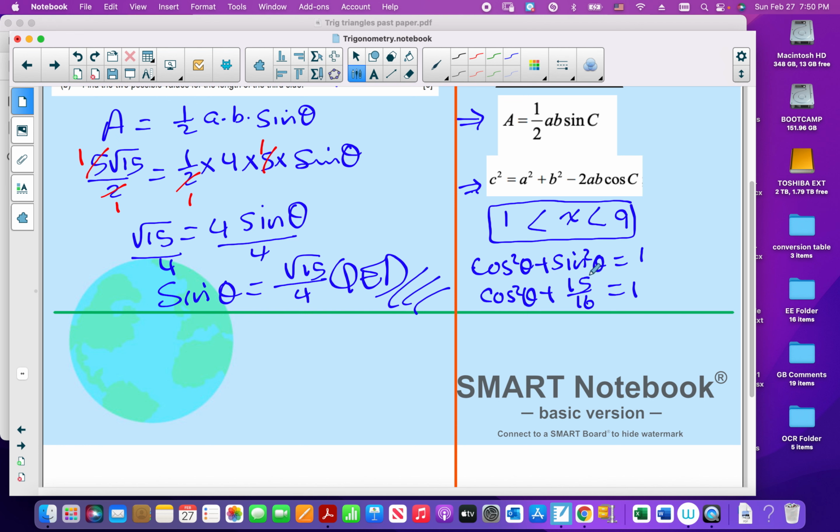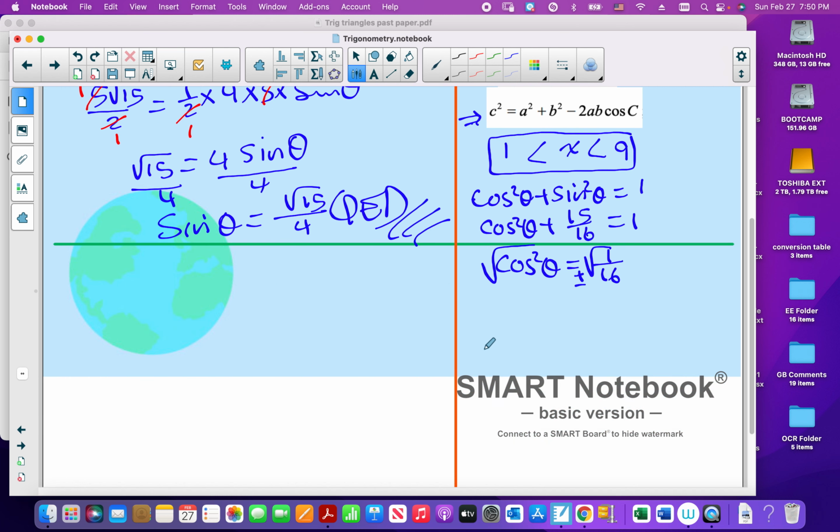Move 15 over 16 to the other side and simplify, that will be cosine squared theta is equal to 1 over 16. Take square root, don't forget the plus or minus. That will give me cosine theta equal plus or minus 1 over 4.